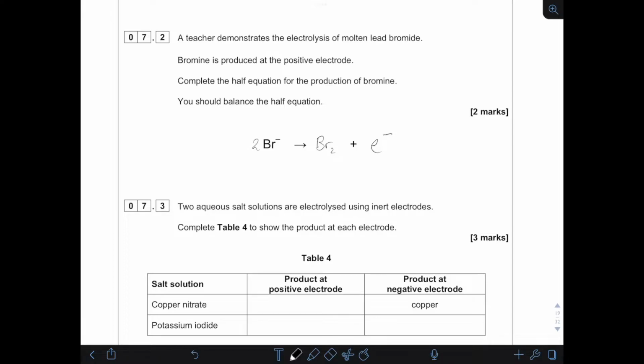And now that we have 2 bromide to oxidize, you need to make sure that your charge is balanced between the two. So on the left hand side you have 2 negatives. On the right hand side you must also add up to 2 negatives, which is 2 electrons. So that's your half cell equation.